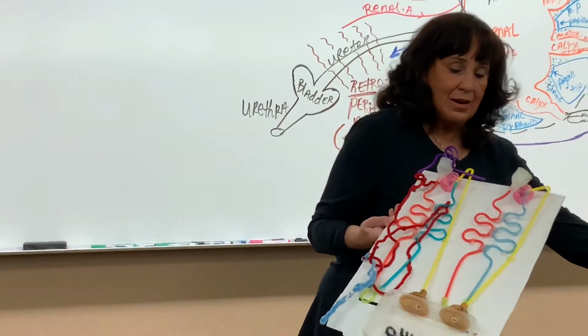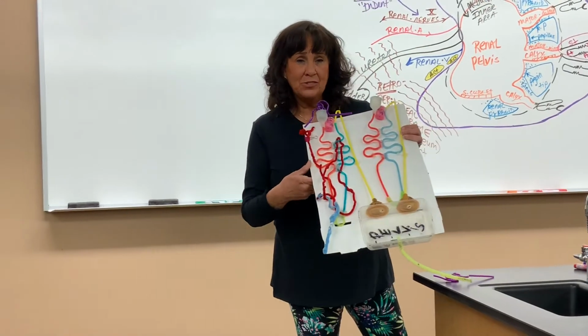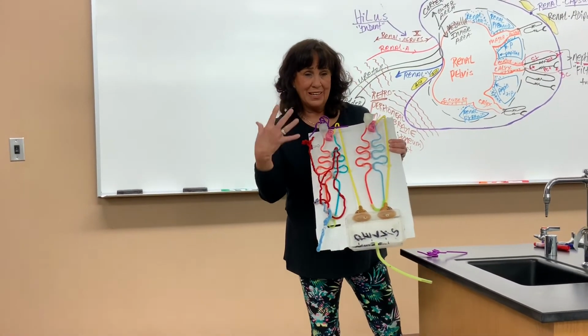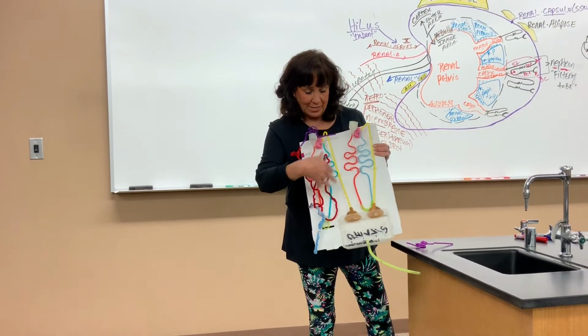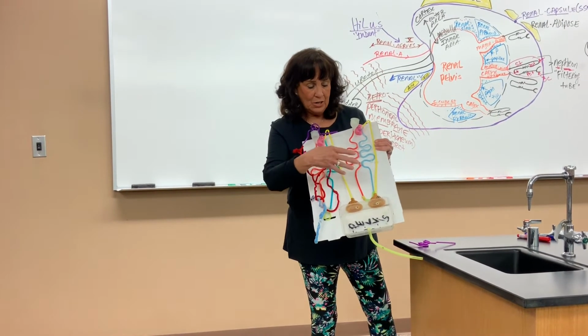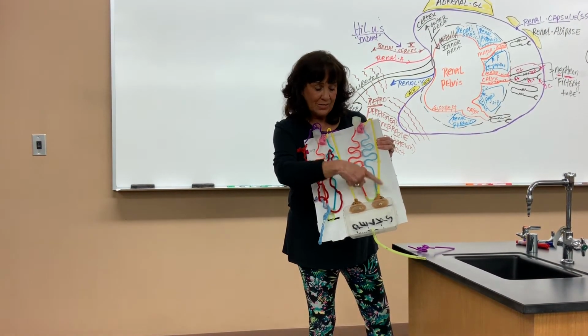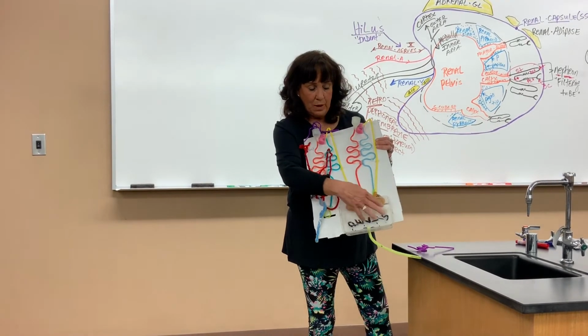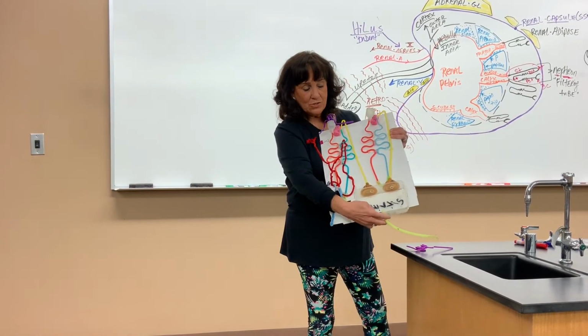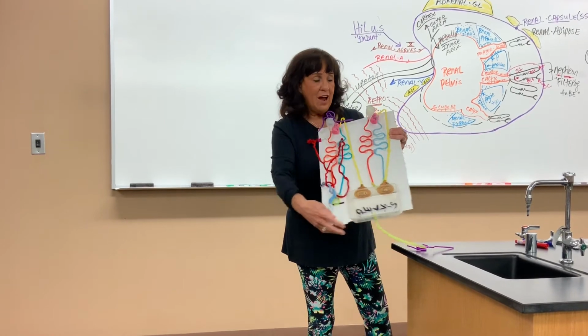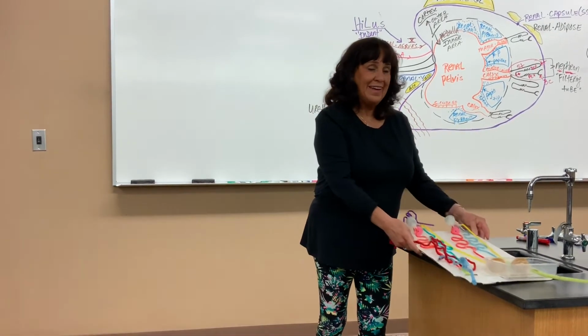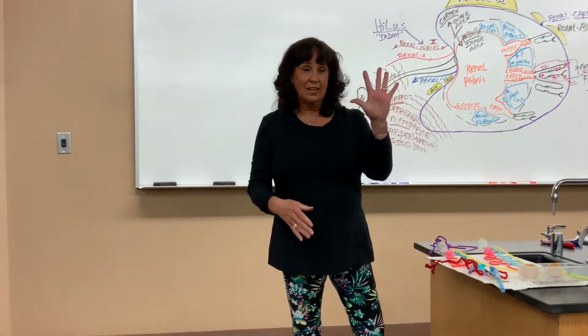And so now, another way to imagine all this, to make it a little bit easier, besides what I have right here. So basically I've got my nephron that's going to drain into the minor calyx, the major calyx into the pelvis, and then the pelvis gets drained by the ureter.